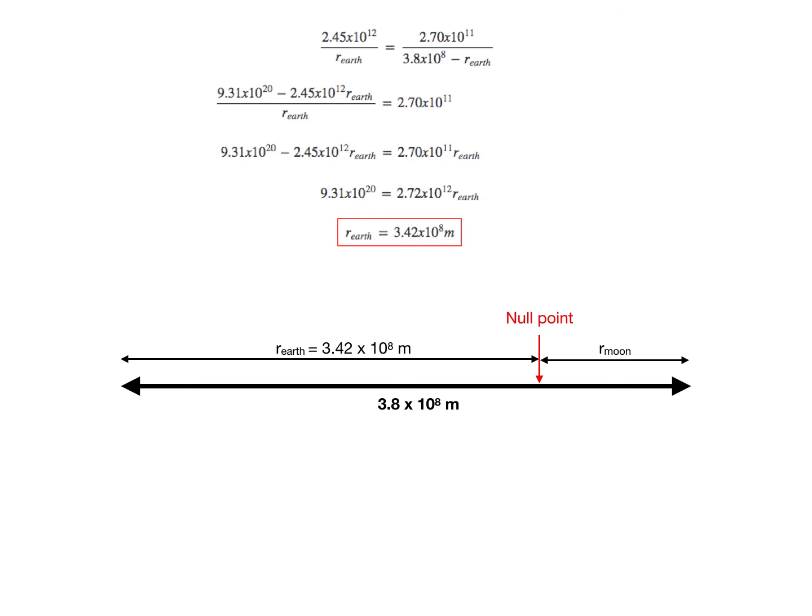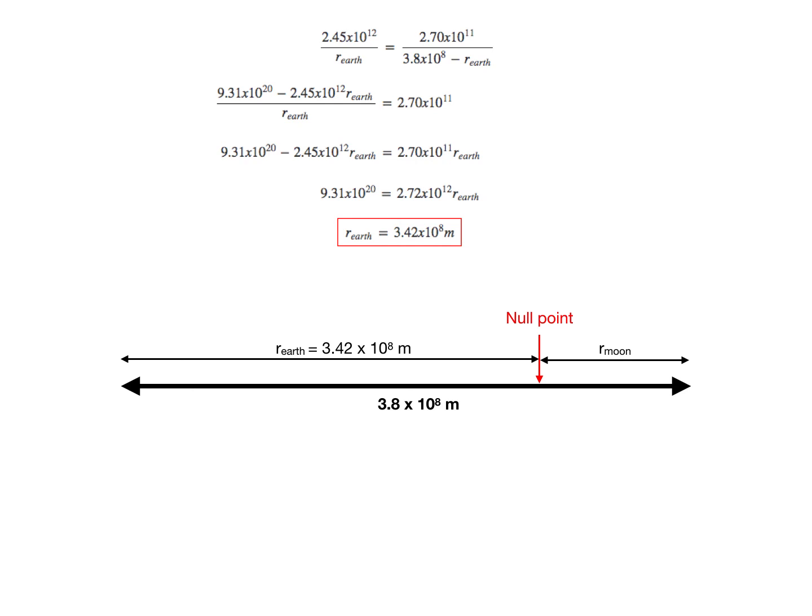We divide both sides by 2.72 by 10 to the 12, and we find that r Earth, our distance from the center of the Earth, is 3.42 by 10 to the 8 metres. I've substituted that distance into our diagram to show what it represents.